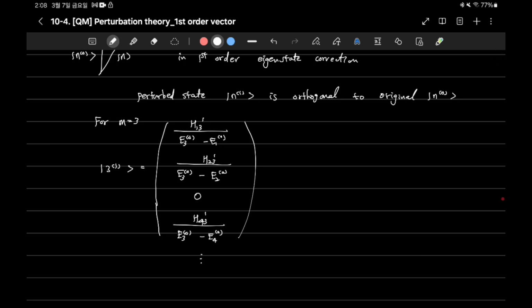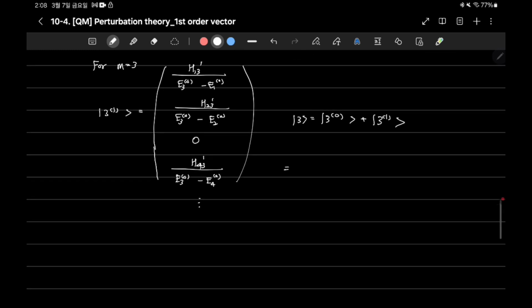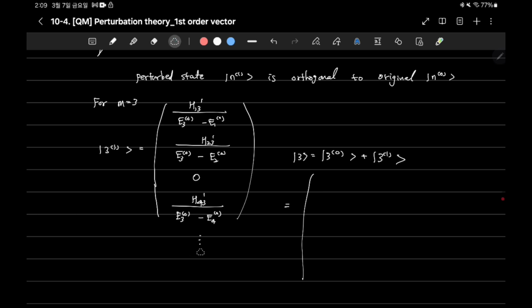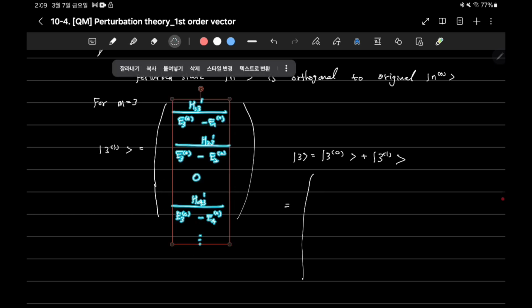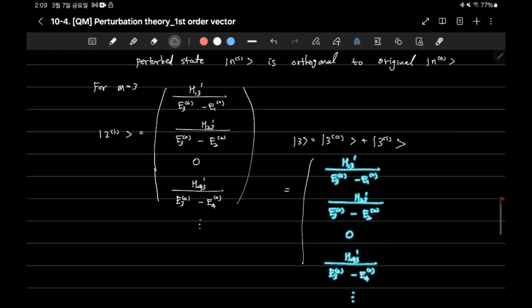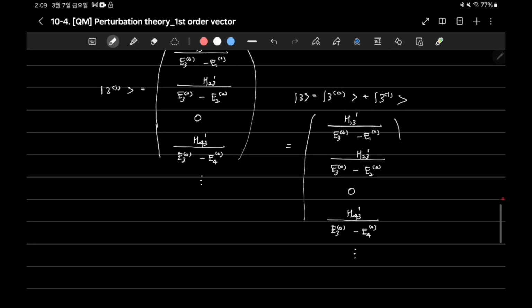So in general case, for state 3 is that 0th order plus perturbed state, and then the energy eigenstate is like this. And also this term is that the 1.